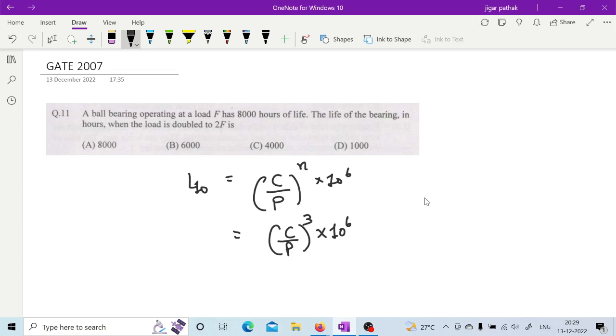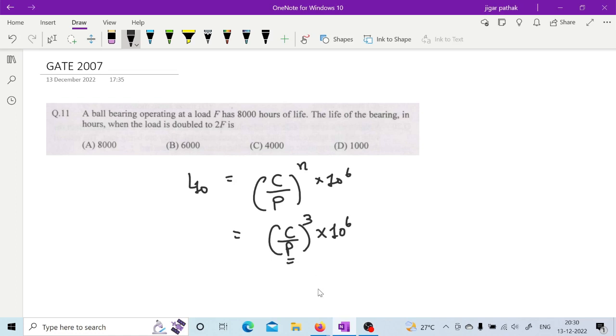So now what we are given is that the life is mentioned in hours, and the load is given.